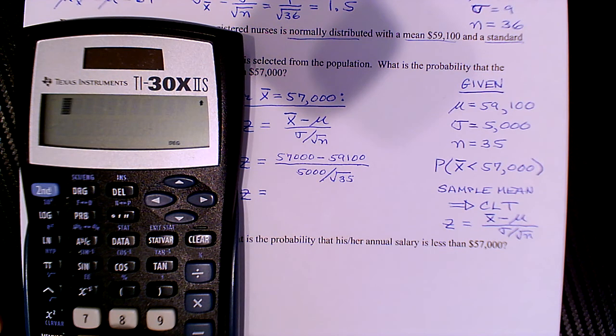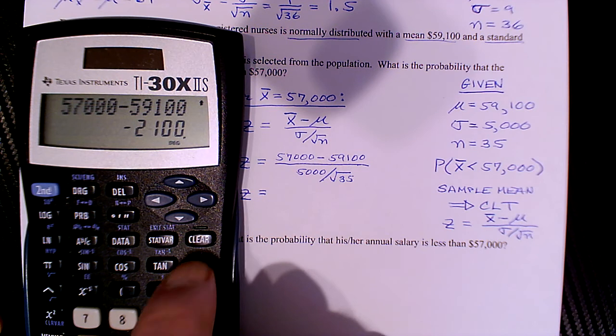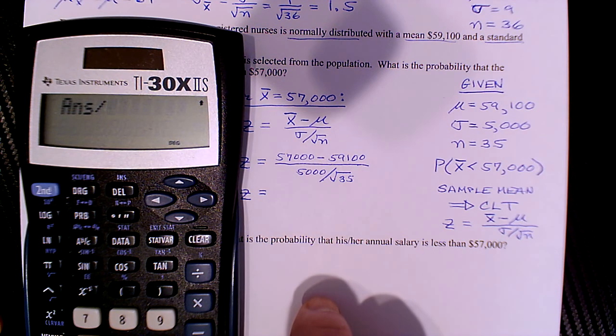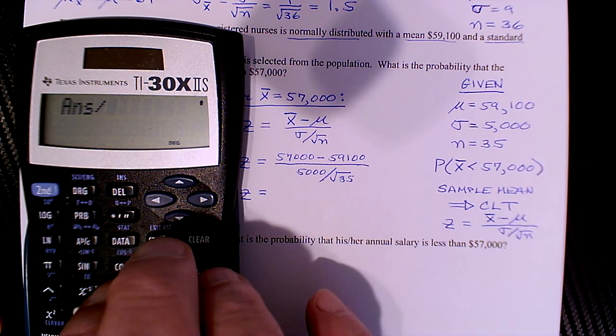Just make sure you type in 57,000. This is not the only way, but I'm going to show you one way you could do it. So you type in the 57,000 minus your 59,100. Make sure you press equals before we do the division. But then after we hit the division key, make sure that you open up a set of parentheses.